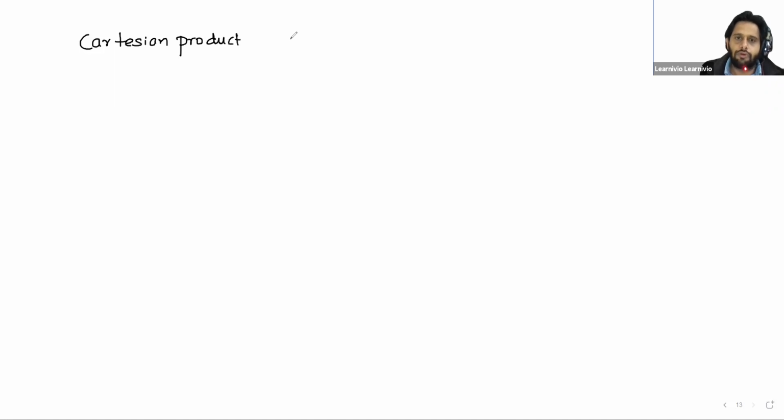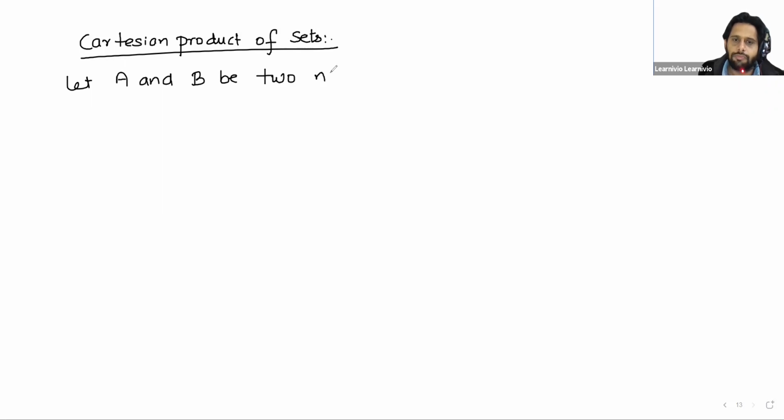Okay, good. So next we will start the Cartesian product of sets. Let A and B be two non-empty sets.